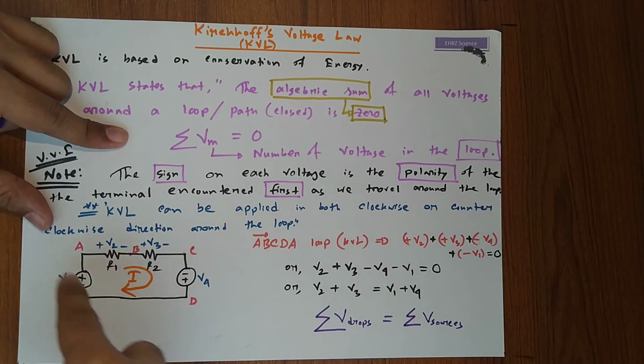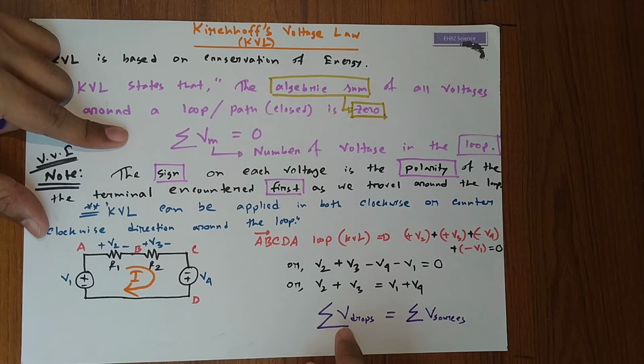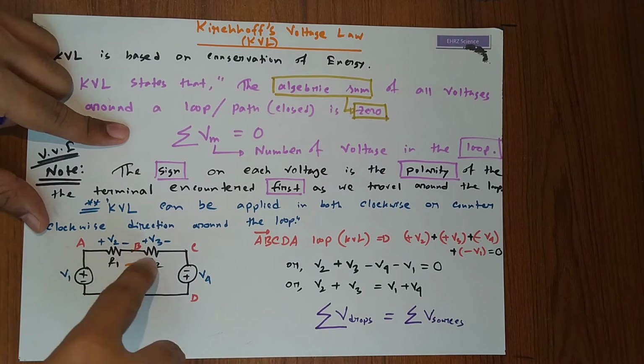Okay, that in a loop, the summation of all the voltage sources is equal to the summation of all the voltage drops, or the summation of all the voltage absorbed by the passive elements.